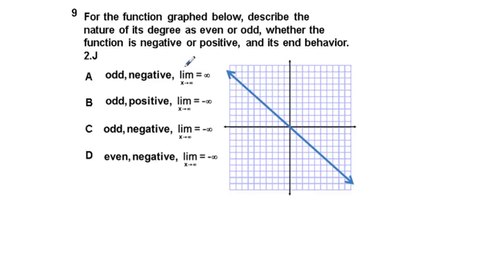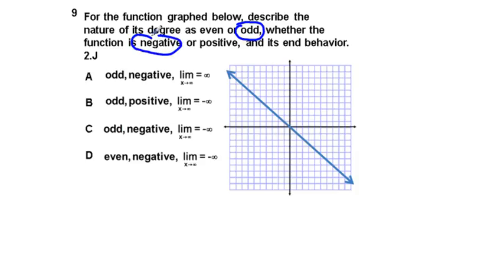So anyway, 9, related to number 8, pretty much. For the function graph below, describe the nature of its degree as even or odd, whether the function is negative or positive, and its end behavior. Well, we should recognize this type of function is odd because we're starting high and ending low. Where the function is negative, well, we're starting high and ending low, so we are negative.